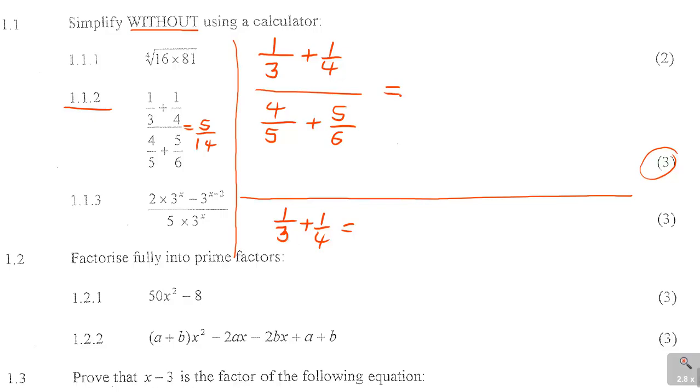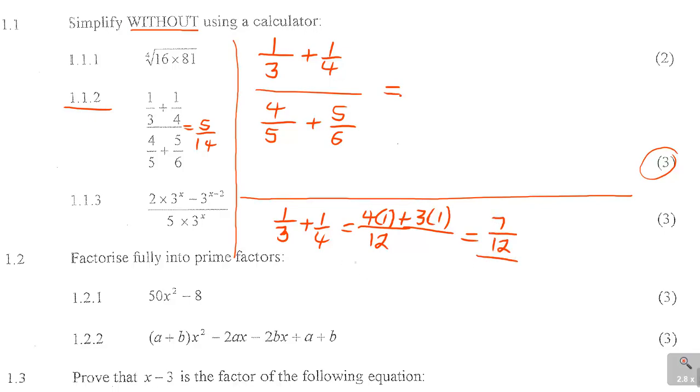Common denominator here is 12. Now it's 3 into 12, it's 4. 4 times 1 plus 4 into 12 is 3. 3 times 1, which is equal to 4 times 1 is 4, plus 3 times 1, 4 plus 3, which is 7 over 12.